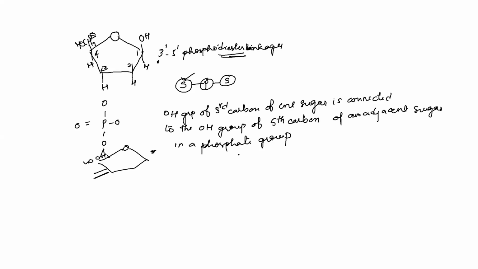Now, this chain of repeating sugar-phosphate units makes up the backbone of nucleic acid. And this backbone remains constant and unchanged.